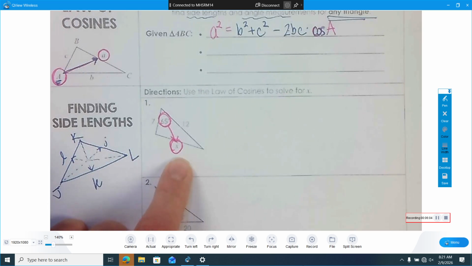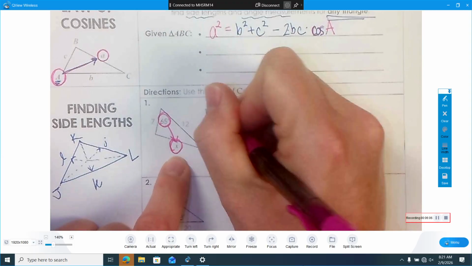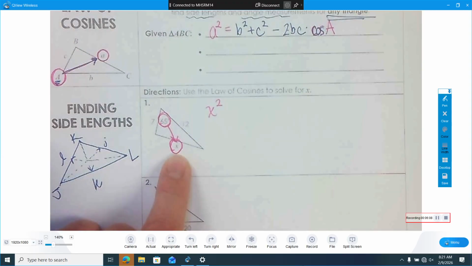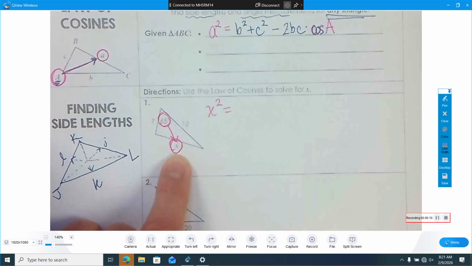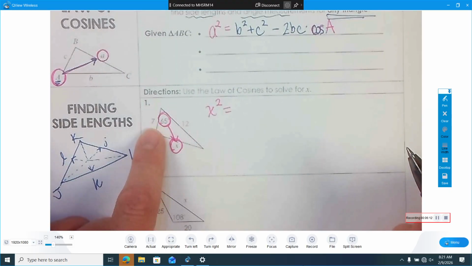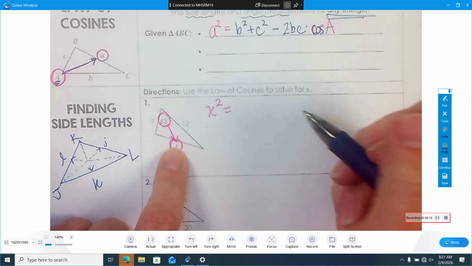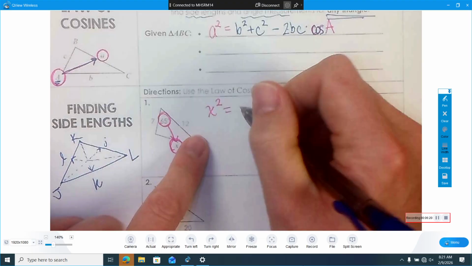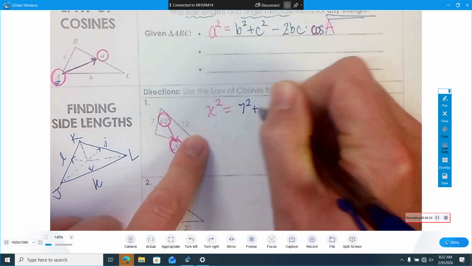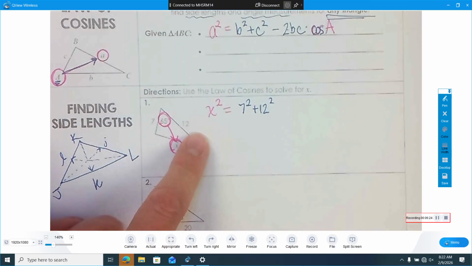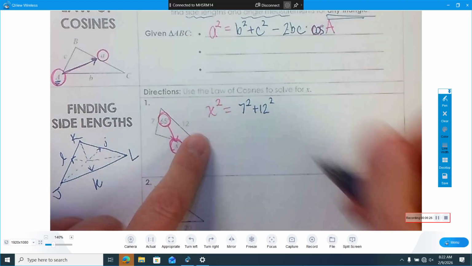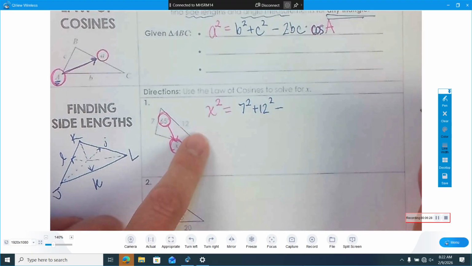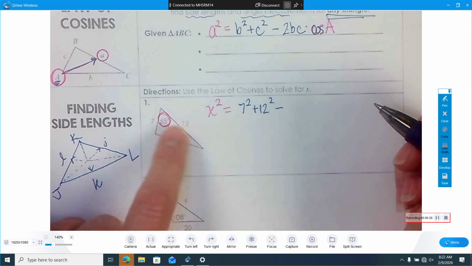All right, we start with the side squared is equal to the sum of the squares of the other two sides. So what are the squares of the other two sides? 7 squared and 12 squared, absolutely. 7 squared plus 12 squared. All right, minus twice the product. What should I write?